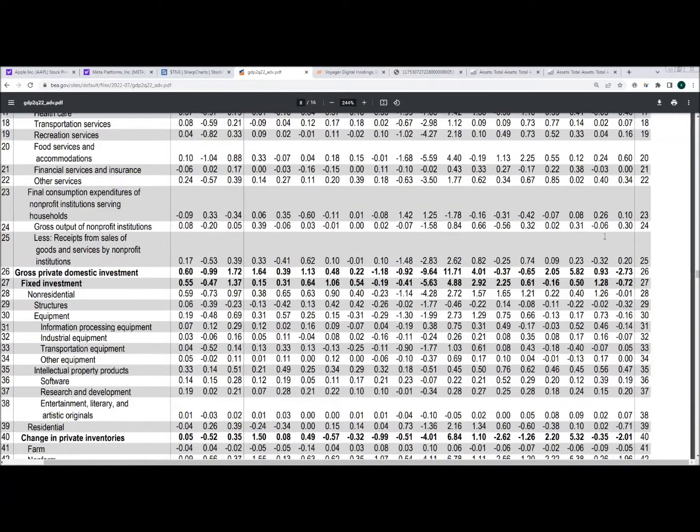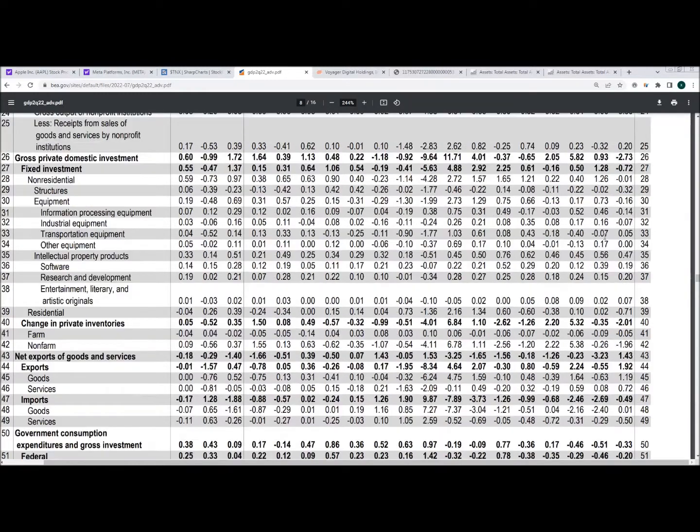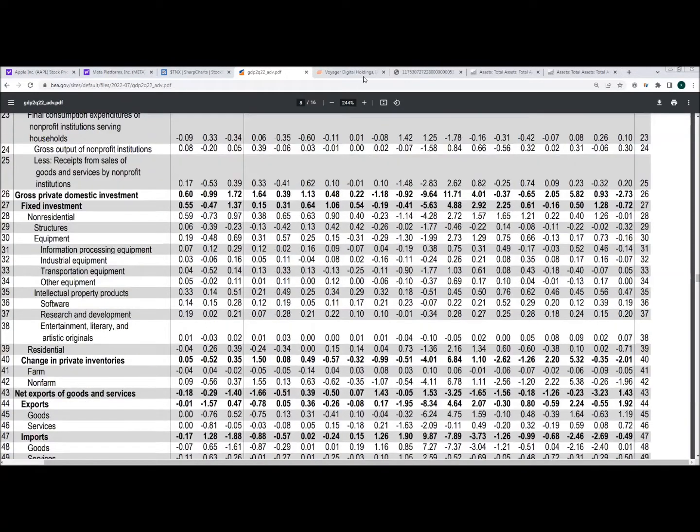So let's go down a little further. This is where it's going to be the deal here. If we look here, number 26, gross private domestic investment. This is really a big negative contribution this quarter. So that minus 2.73%, that's a big one.